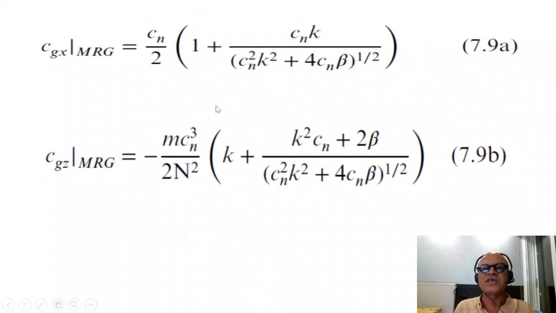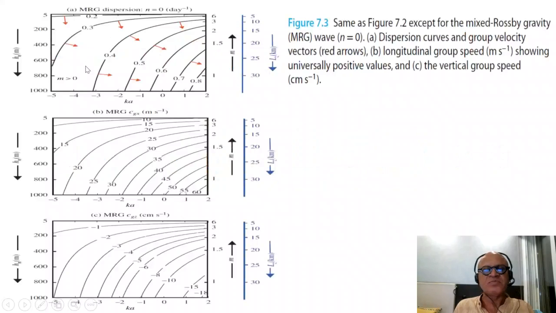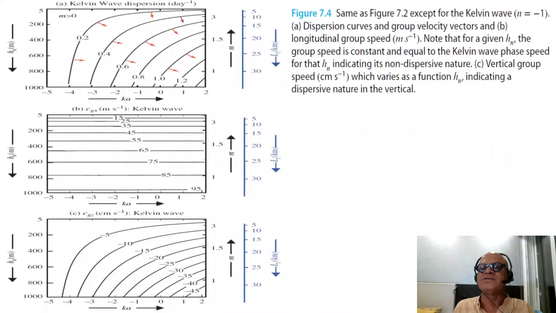Okay, those are the expressions for the longitudinal and vertical group velocities for the mixed Rossby gravity wave that is plotted here. And this is the same as 7.2, except this is now for Kelvin waves. So it looks very similar, except you will see that the Kelvin wave is non-dispersive.